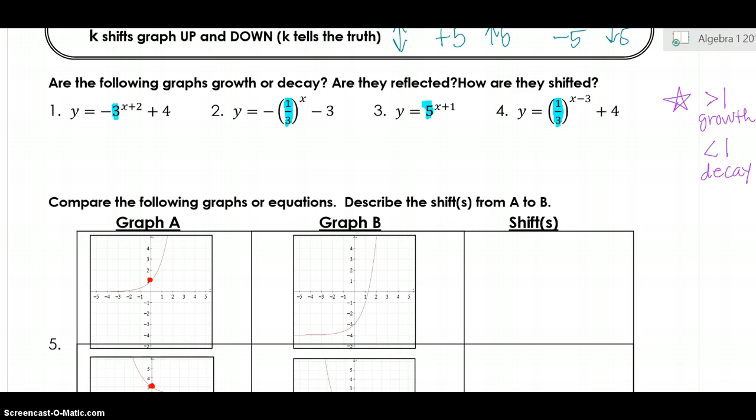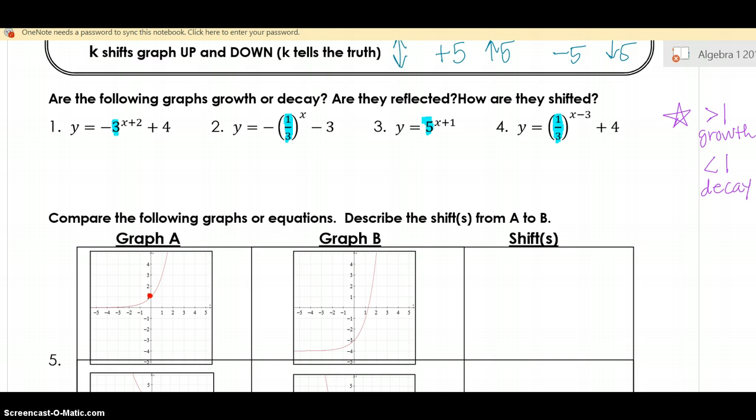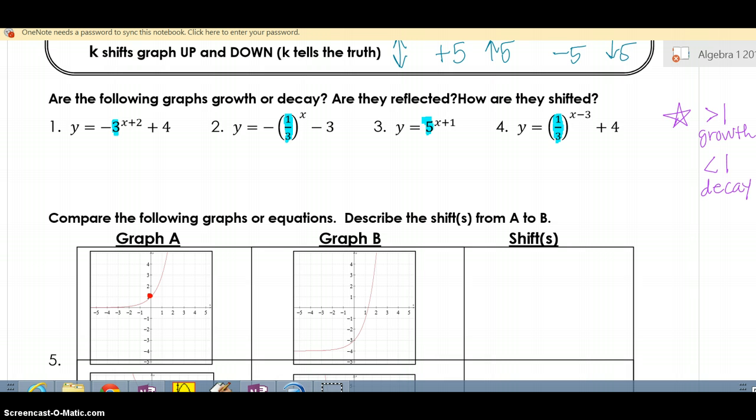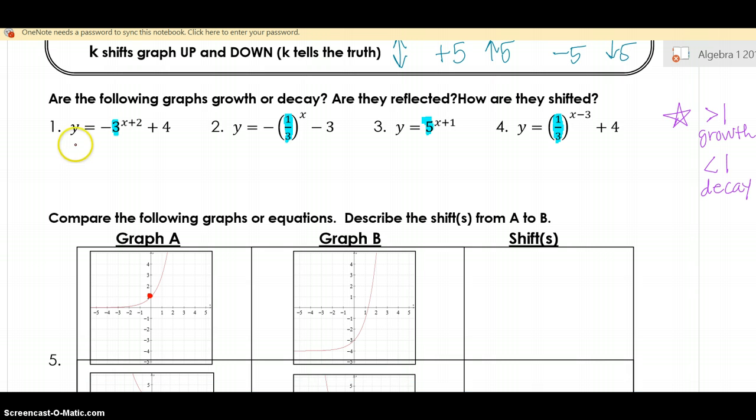Number 1, we want to first say if it's growth or decay. What would you guys say? Growth. Because the 3 is larger than 1. Notice I'm not worried about the sign. I'm just looking at the actual number itself.